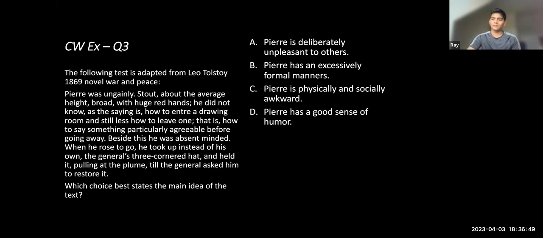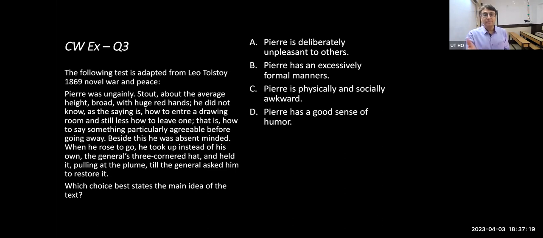That means it's awkward. So the phrase says he did not know about entering the room and even less about leaving it, and he would leave disagreeably. Then the general asked him to restore it. So this is not about a good sense of humor. There's nothing positive in this passage about Pierre. Was he deliberately unpleasant? Possibly that's not the reason.